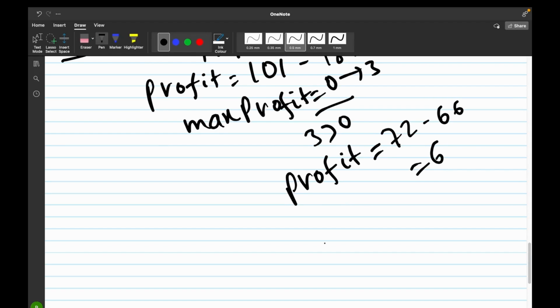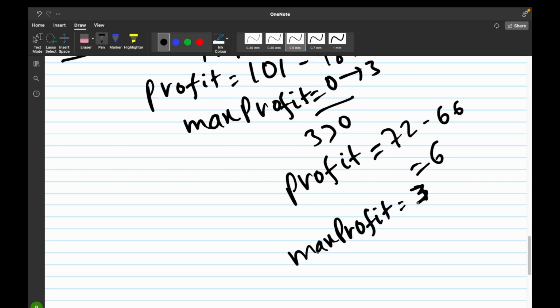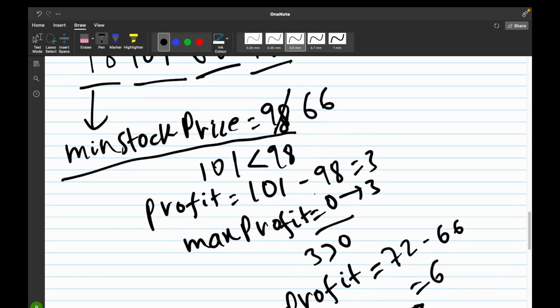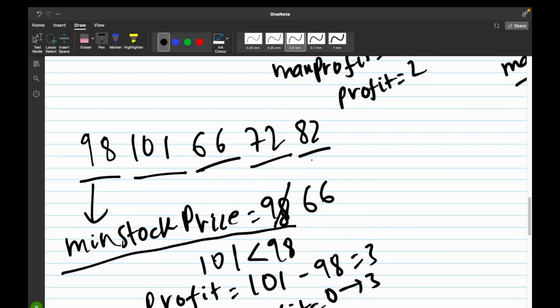That is equal to 6. Now we compare it with max profit. Max profit was 3. 3 is lesser than 6, so we update max profit to 6. It becomes 6.